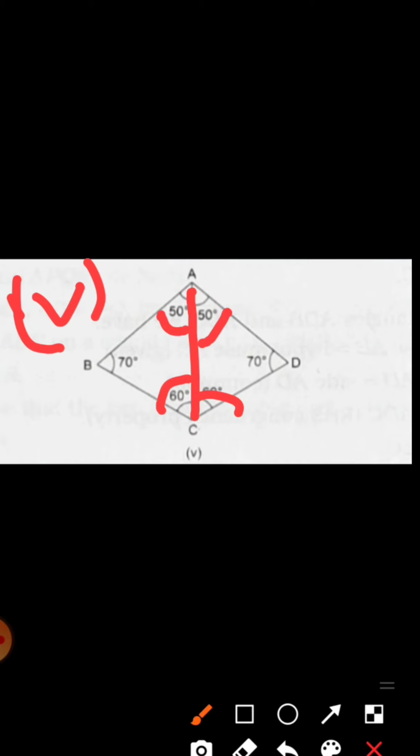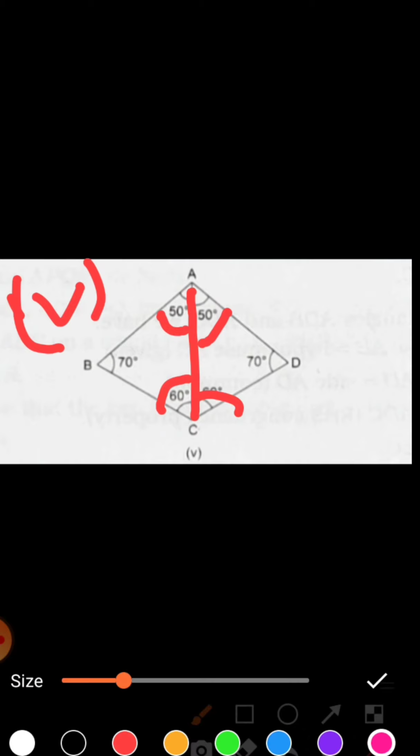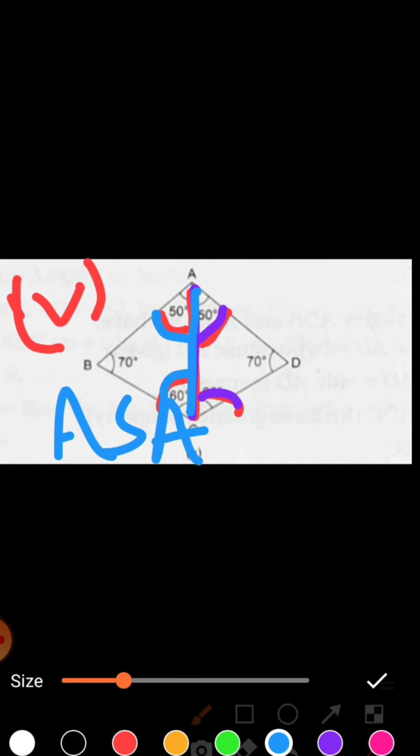So in one triangle this angle, this side and this angle, and in the other triangle this angle, this side and this angle: two pairs of corresponding angles and the side between them are equal. Then we can say the triangles are congruent by the ASA rule of congruence.